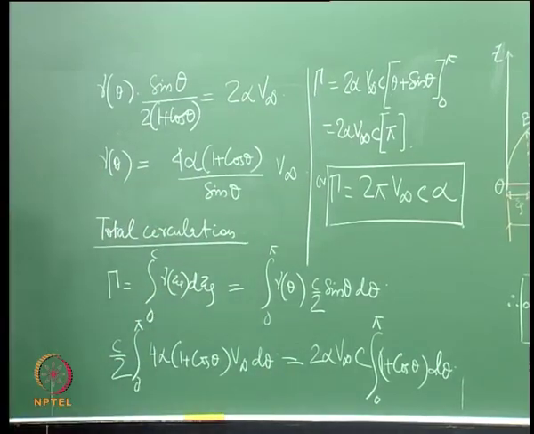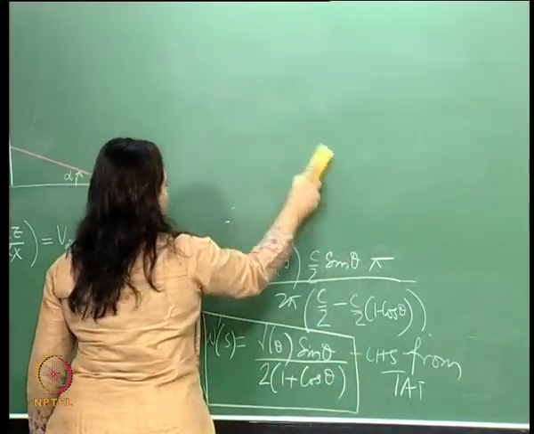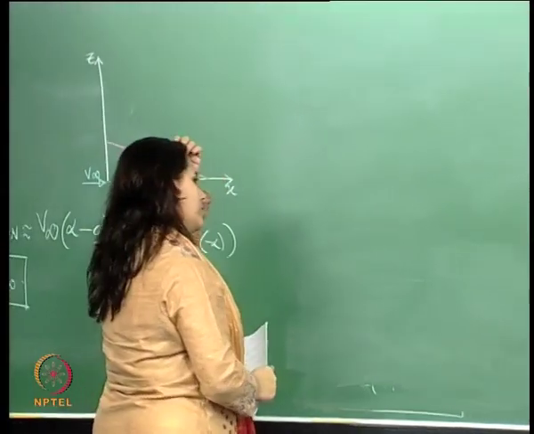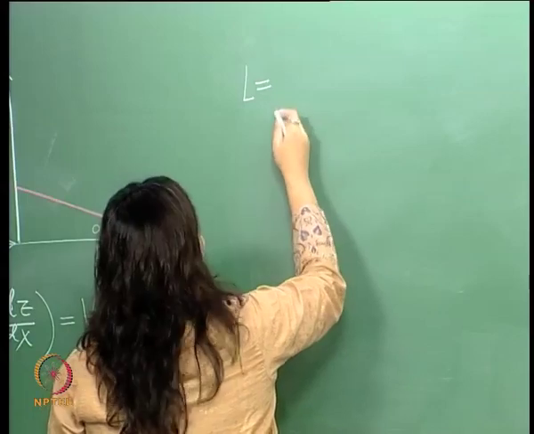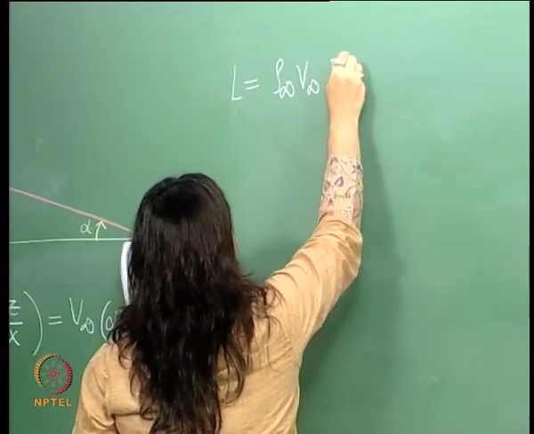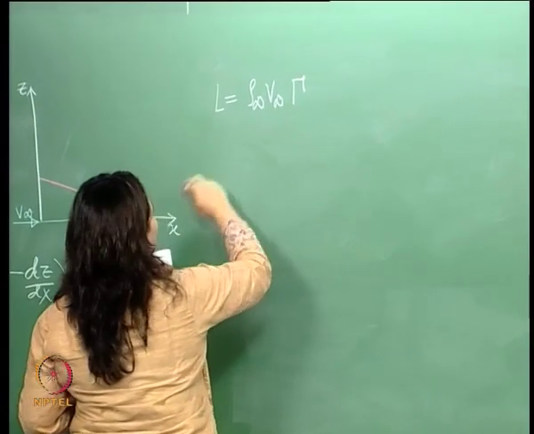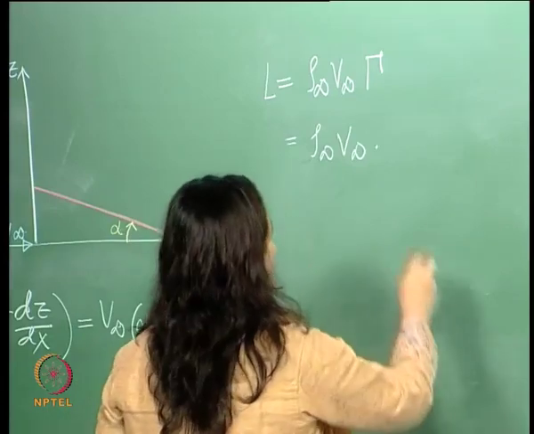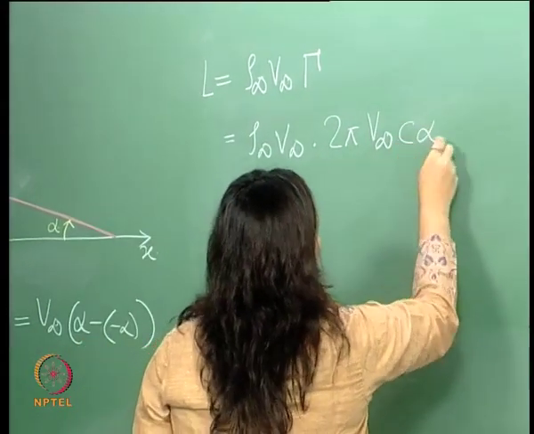Now, we will calculate the CL and CM. To do that, lift per unit span is given as rho infinity v infinity times this expression which we have just derived, which is 2 pi v infinity c alpha.